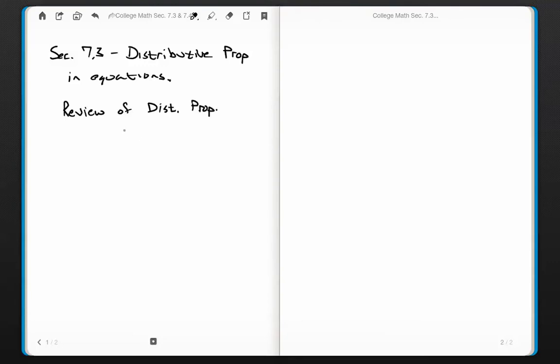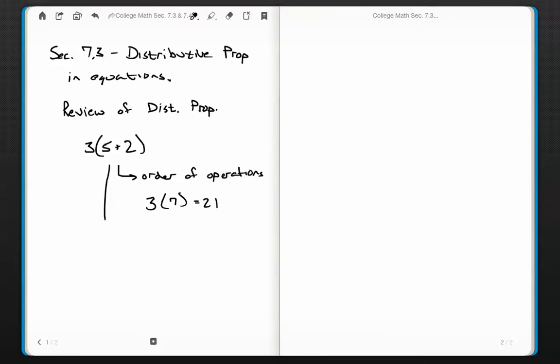It's something like this, where if I had 3 times (5 plus 2), if I were trying to distribute this. Well, order of operations, if I did it this way, I would do parentheses first, so I'd say 3 times 7, and that equals 21.